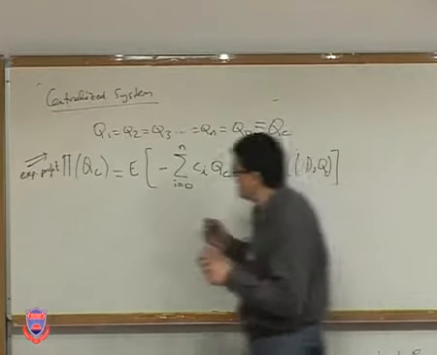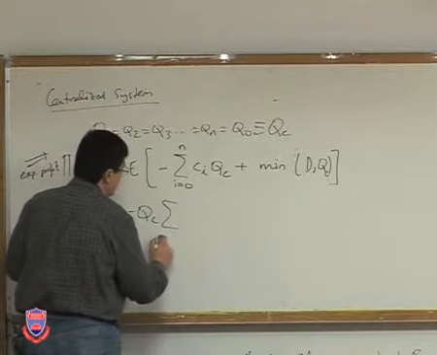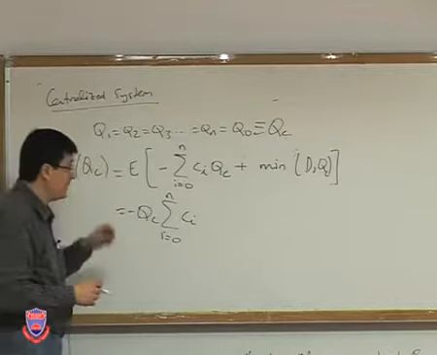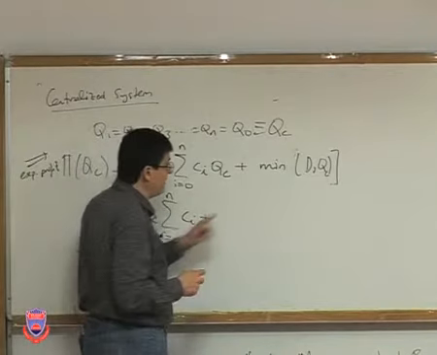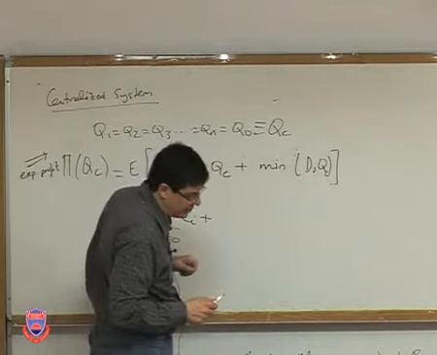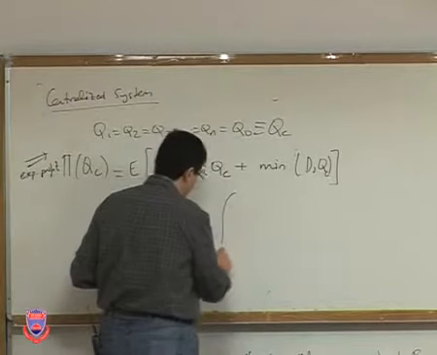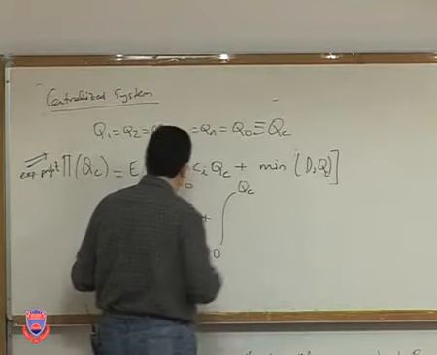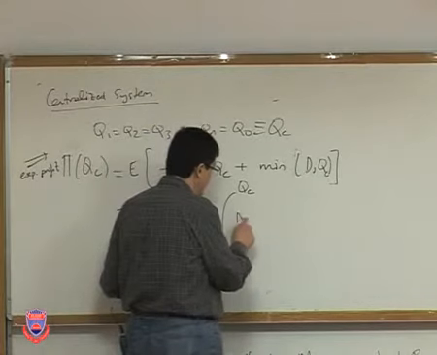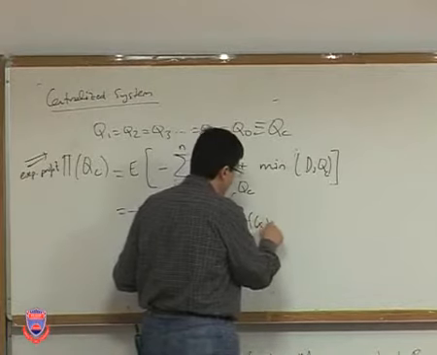So now I can write this explicitly. So this is going to be Q sub C minus Q sub C times the summation i from 0 to n of Ci. Okay. And then how am I going to take this expectation? This expectation is actually the integrals that we are more familiar with. So this is going to be simply the integral from 0 to Q sub C of x f(x) dx.